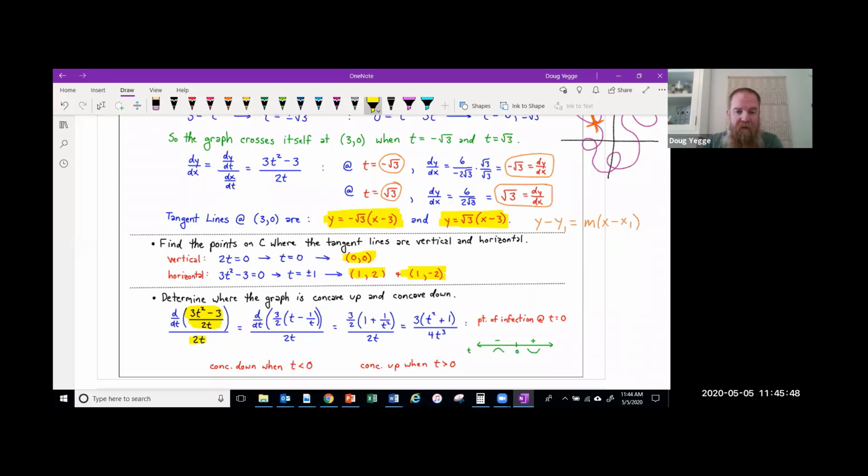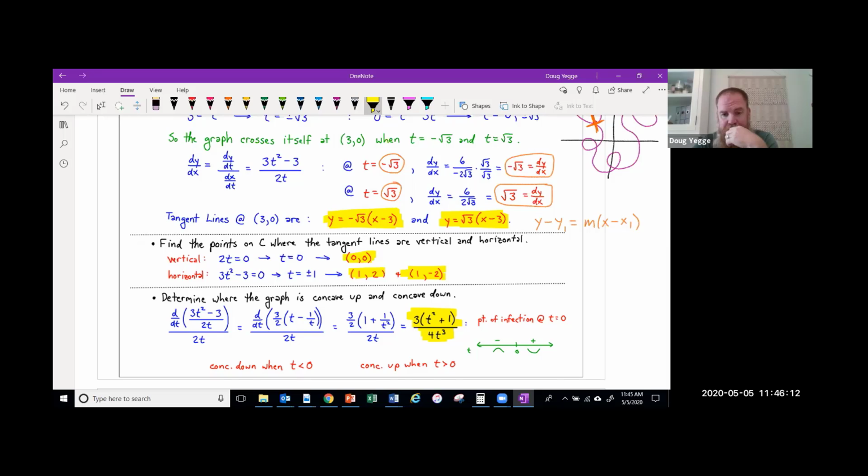So this is where we're simplifying, and I'll let you go through the process of differentiating. But when you differentiate and simplify, this right here becomes the second derivative. Notice again, the second derivative is in terms of t, just like it should be.